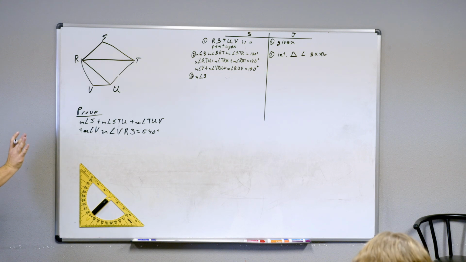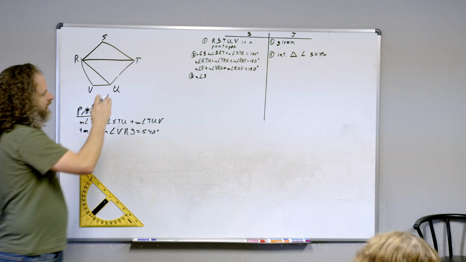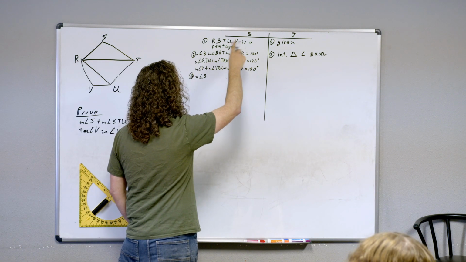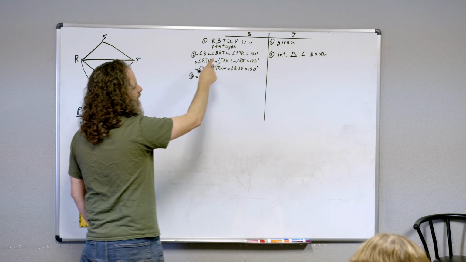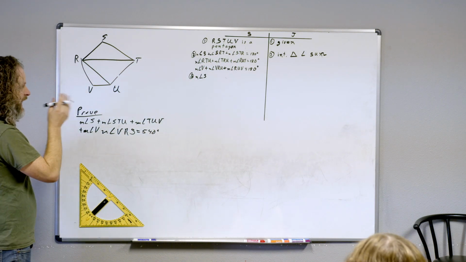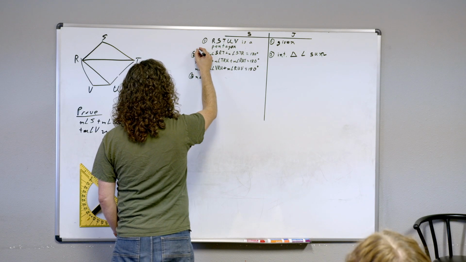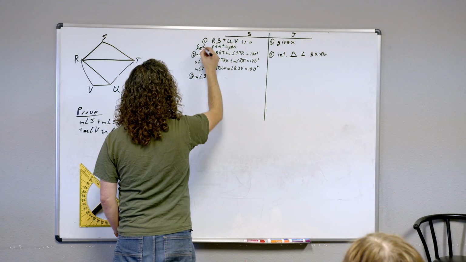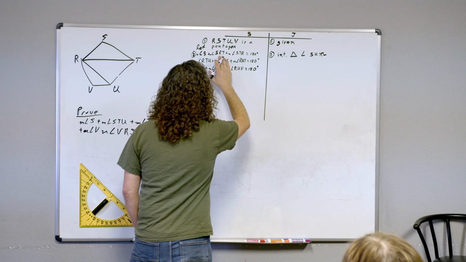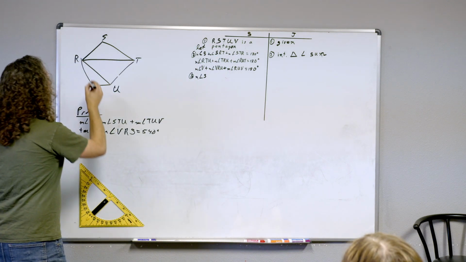You can add a line in here, if you don't want to write all of this over and over again when you're having to do substitution, that says let angle SRT be angle 1.